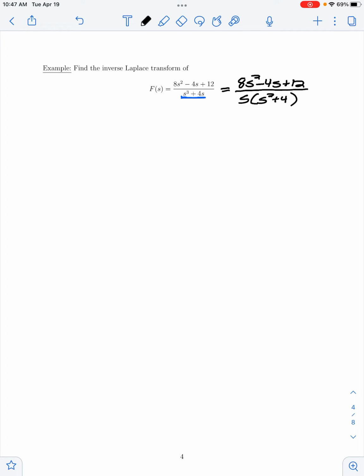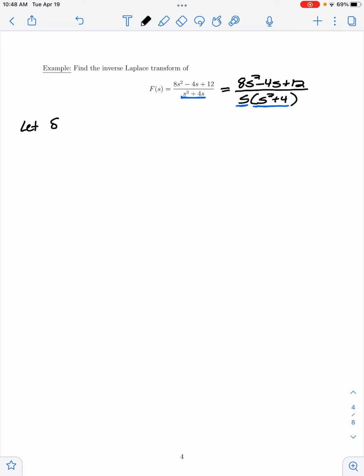And that s squared plus 4 can't be factored down to linear terms. So I see that my denominator involves a product of two terms, a linear and a quadratic factor. But since the inverse transform of a product is not just the product of the inverse transforms, I need to use partial fractions to rewrite this as a linear combination of terms.